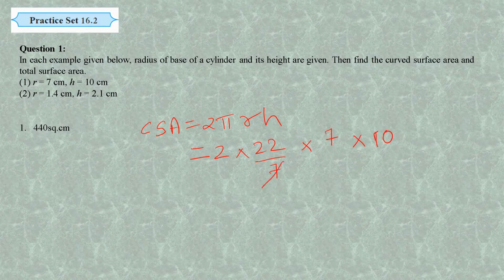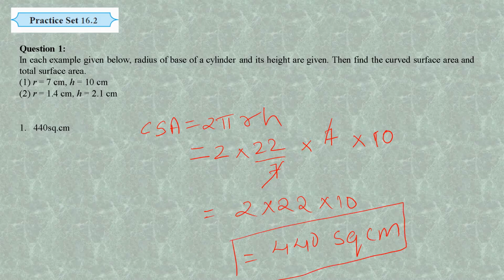So this 7 and the 7 will cancel off, and you'll be left with 2 into 22 into 10, which will give you 440 square centimeters. So the curved surface area of the cylinder is 440 square centimeters.